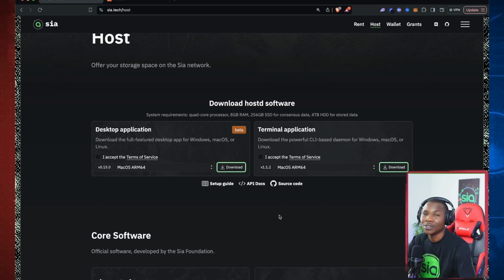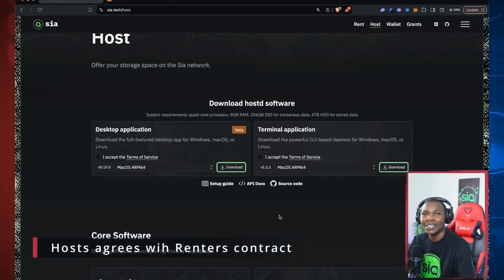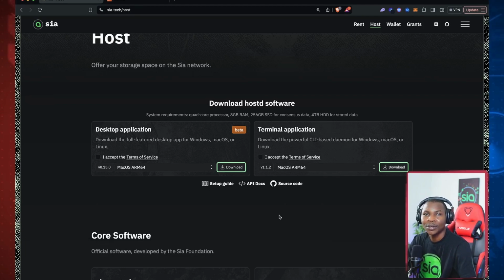You are not the only one that is going to host a single person's data, and it is very important that your machine actually stays online, because of the contract that you will sign. There is something called a contract. That is what secures a host and a renter. A host and a renter agree together in what is called a contract.